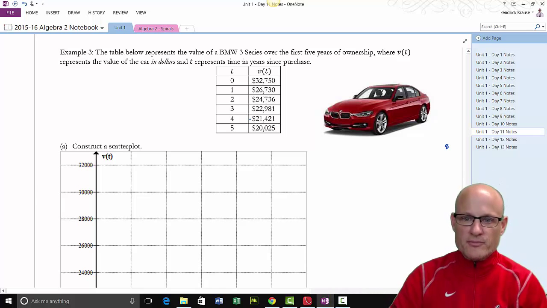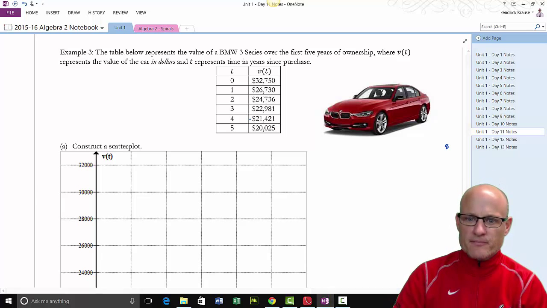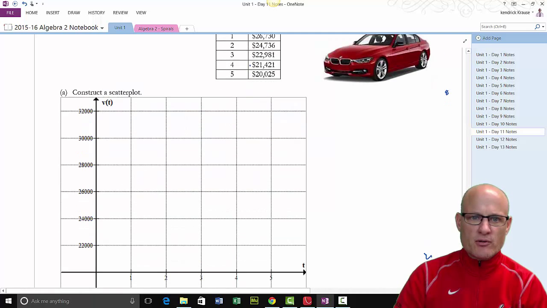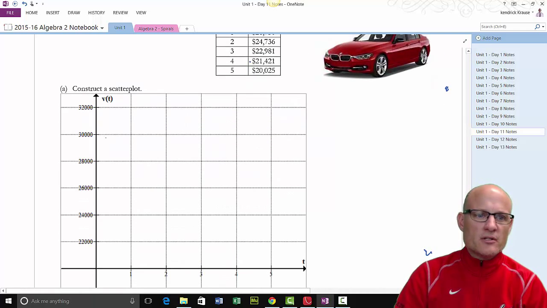Let's graph these suckers. I think this might be the last one we got to do here. Although, I should have asked more questions. So let's graph them. 0, 32,750. Wow, this graph's terrible. They're going up by 2,000 every time.